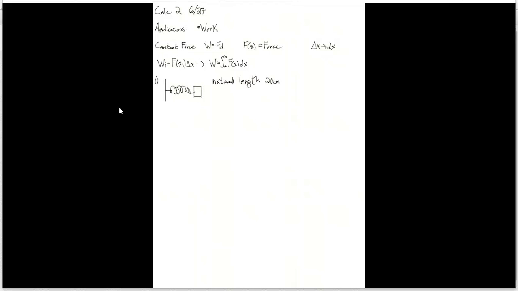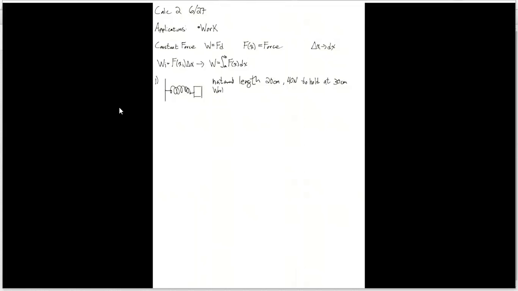Right? So now, if I tell you that it takes 40 newtons to hold that spring, and we're going to be holding it at 30 centimeters, that's a condition that we can use to find our parameter k, and you're going to see that in just a second. So now the question is, what is the work?